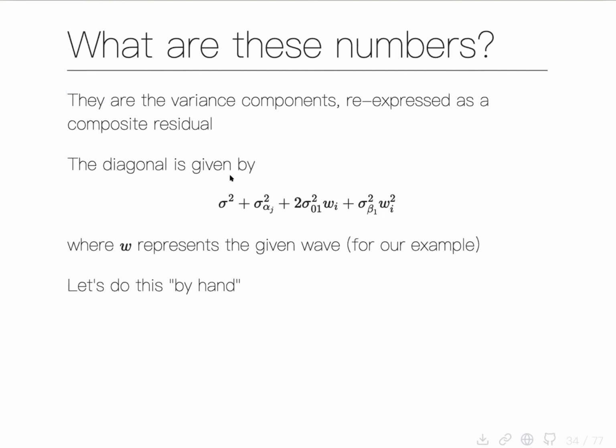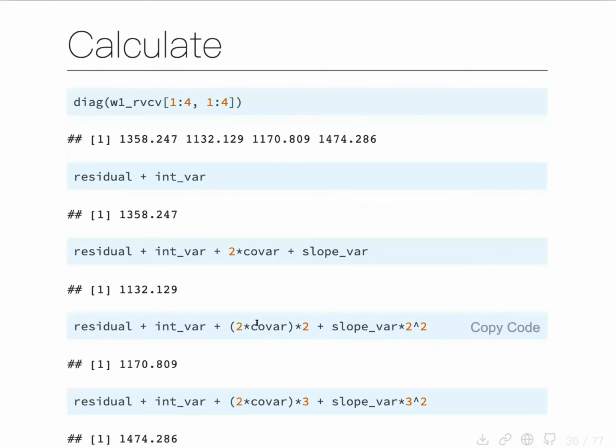I said that wrong when I was squaring them a second ago. At our first time point, this is multiplied by 0, this is multiplied by 0, so we're just saying the residual variance plus the intercept variance. Then we just continue on with that equation. Notice we have squared here for the second and third time point, and we can replicate those numbers.